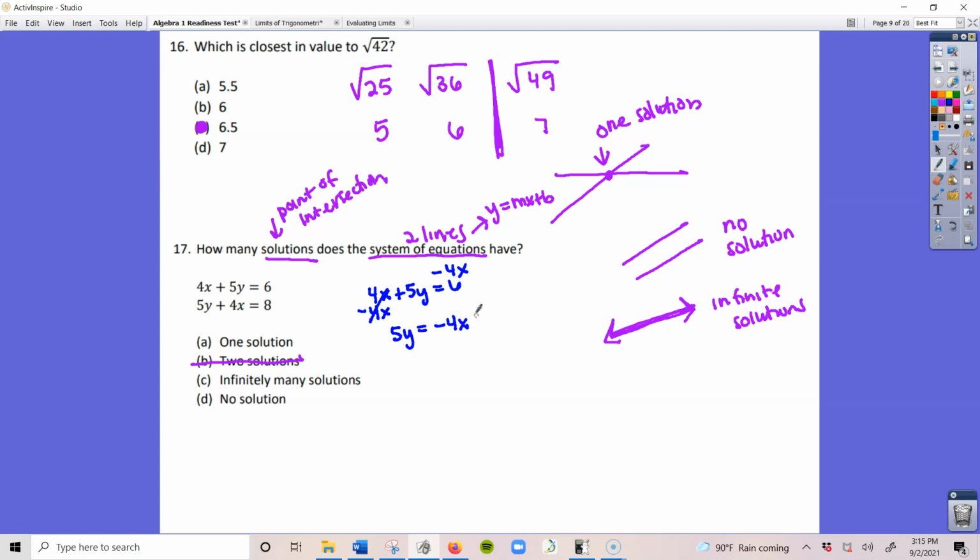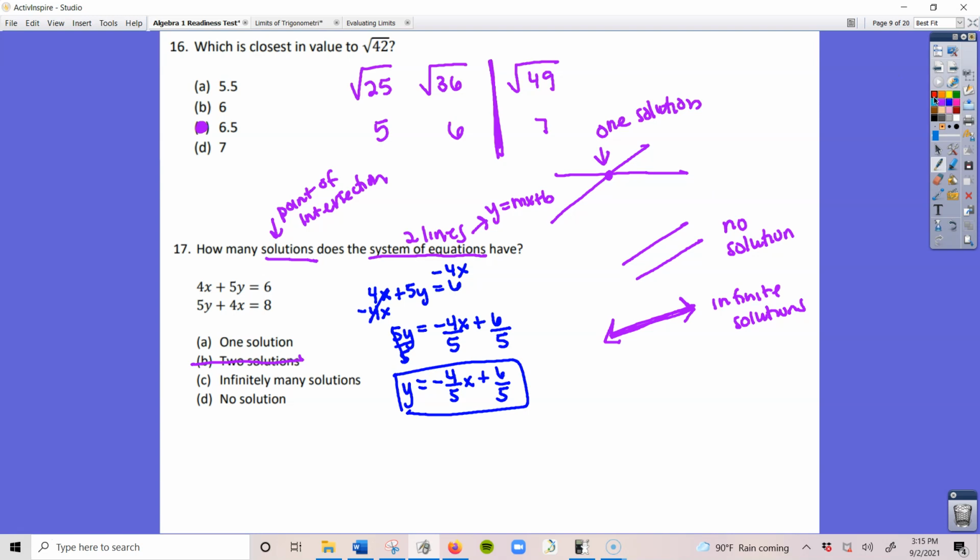And since the 6 is positive, I'm going to put plus 6. Then I'm going to divide by 5 so that the y is all alone. And whatever you do to the left side of the equation, you have to do to everything on the right side of the equation. So the equation of the first line is y equals negative 4 over 5x plus 6 over 5. We're going to leave that like that for now.